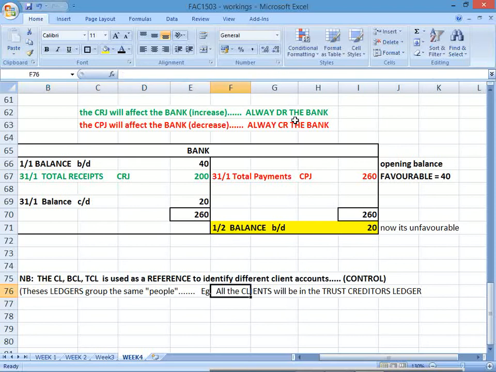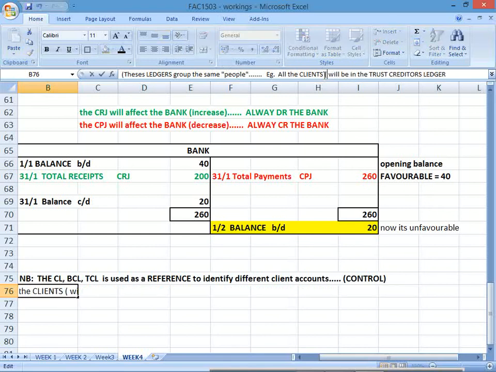Okay, maybe I should be a little bit more specific here. All the clients, brackets, giving the law practice money.